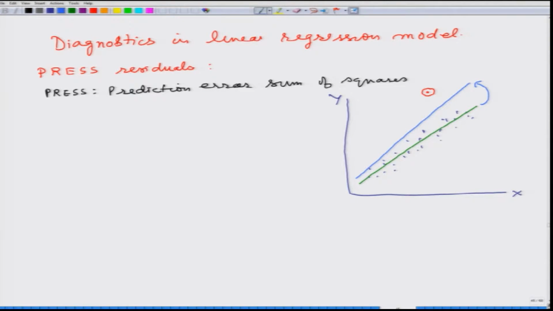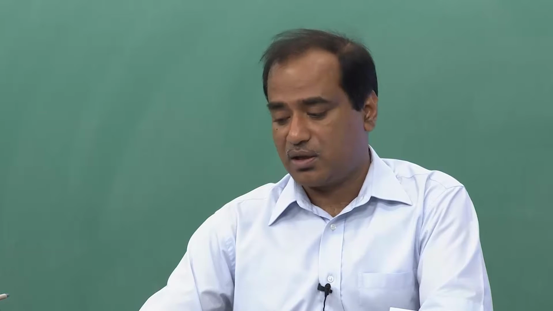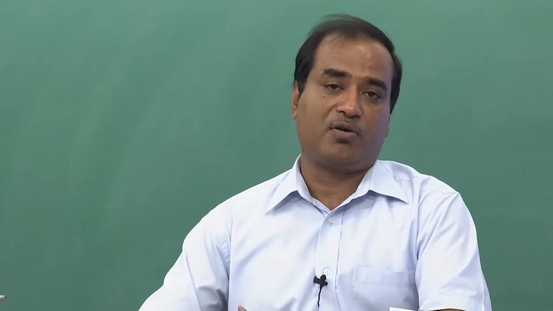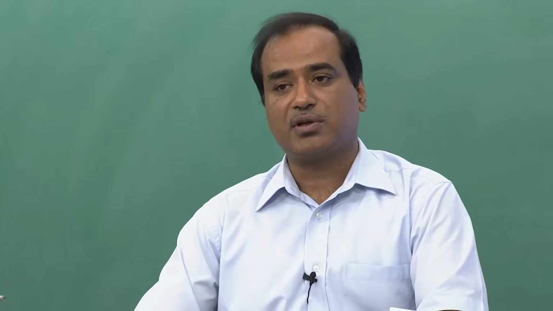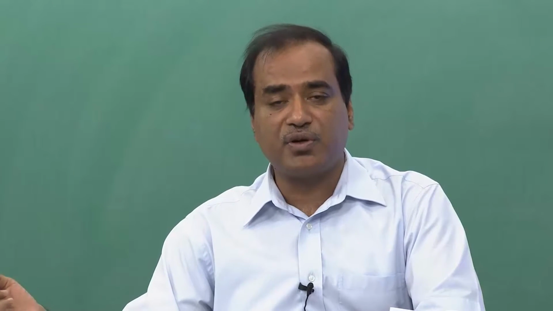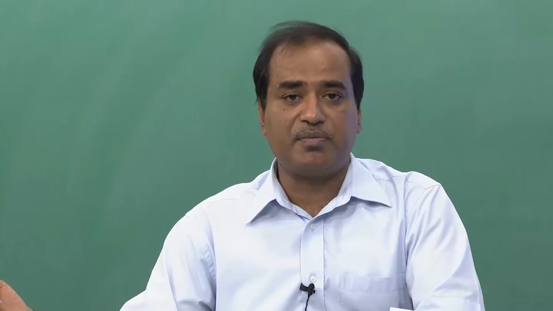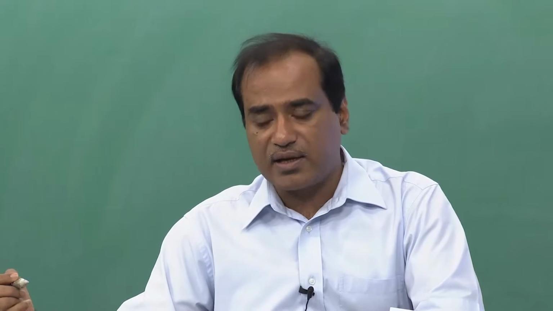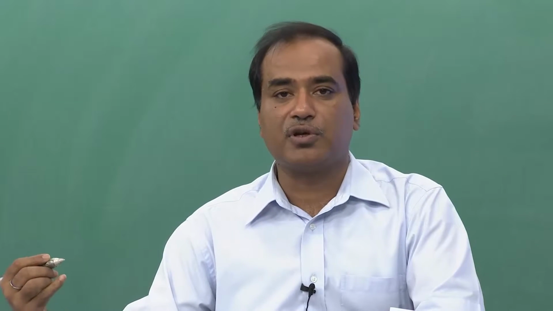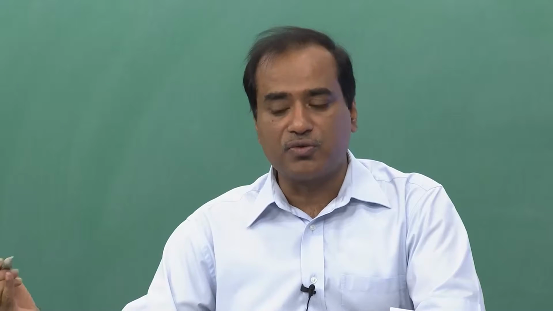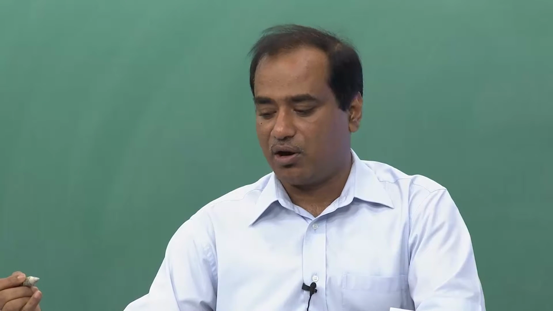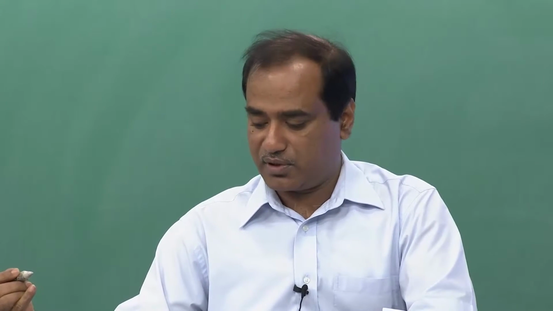Now, there can be two questions. First of all, this type of extreme or unusual values may be a part of the experiment. In that case, we have to use some other statistical tools which can take care of such unusual observations.